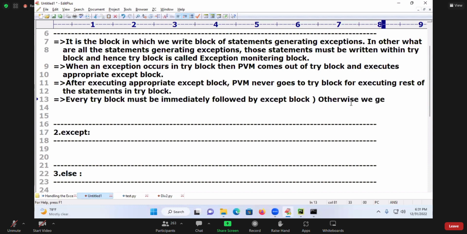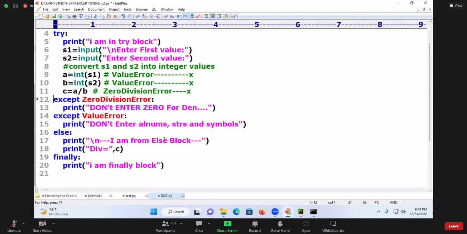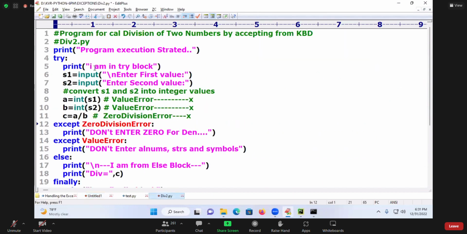Otherwise, in brackets I will write, we get a compile time error. Otherwise we will get a syntax error. We got the syntax error. Did you understand this point?